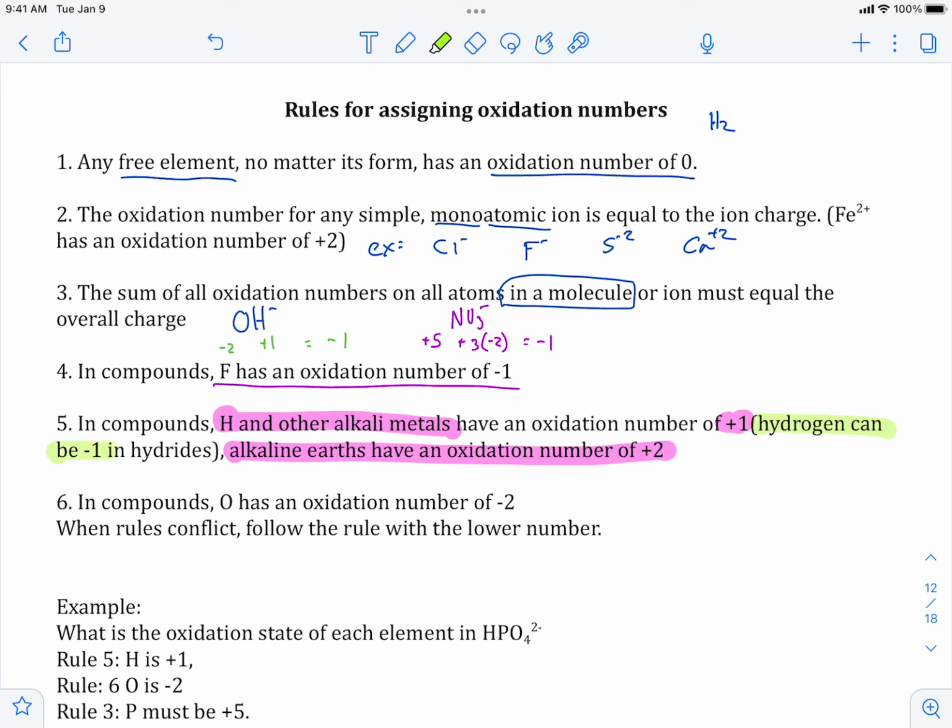Hydrogen can be -1 in hydrides. Okay, a hydride is when hydrogen bonds to metals.